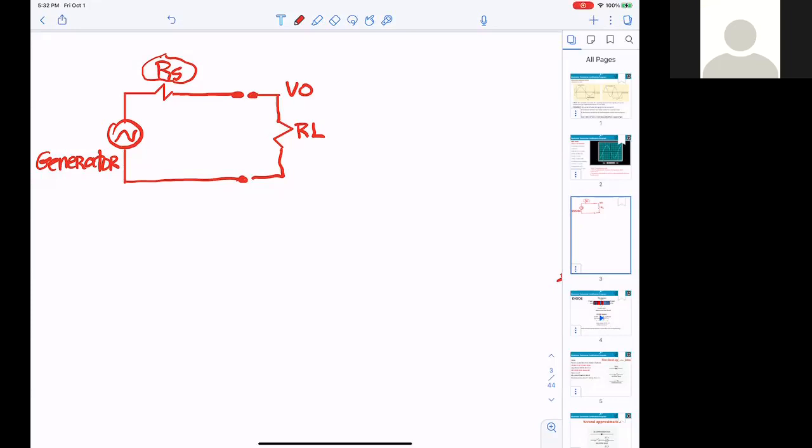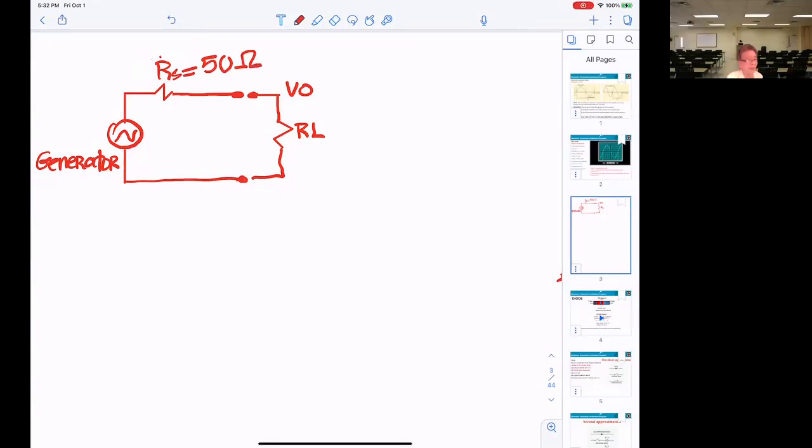Exactly. If you're looking into the generator at the output, you can see 50 ohms. That means the output of the generator is 50 ohms.